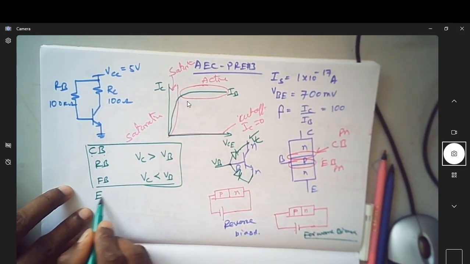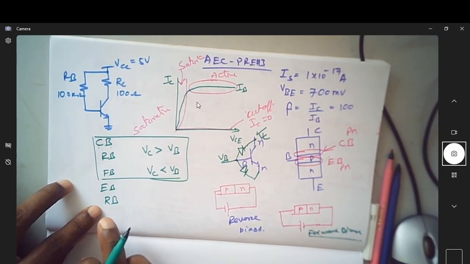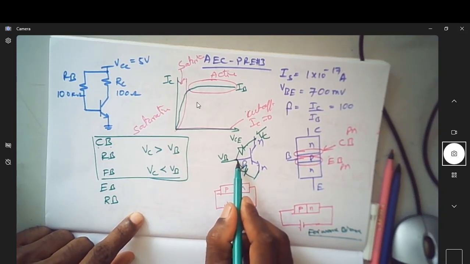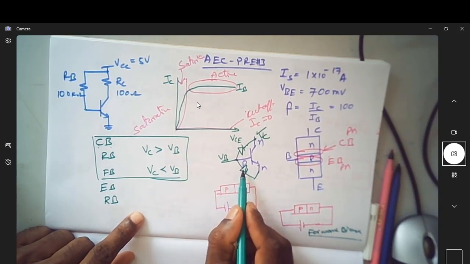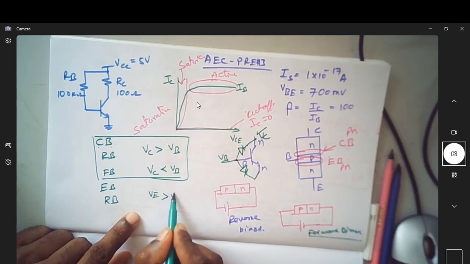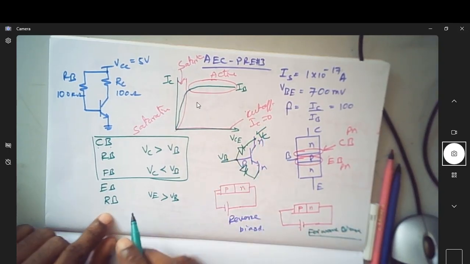So next is the emitter-base junction. Again, when will it be reverse biased? Reverse bias means this should be more than this, so VE should be more than VB. If the emitter voltage is more than the base voltage, then it is reverse bias.